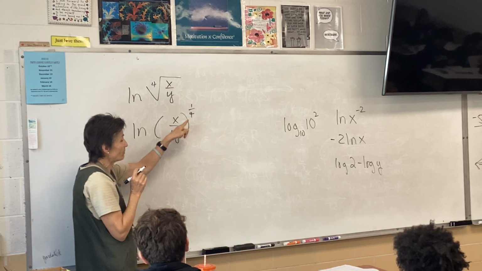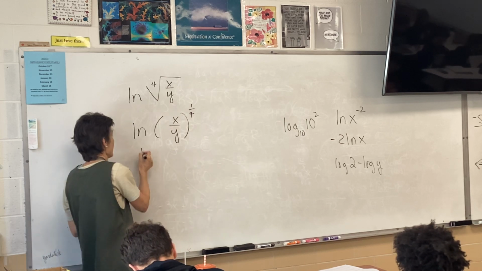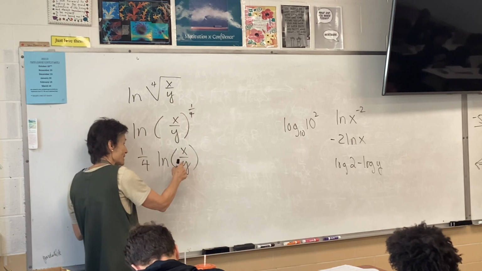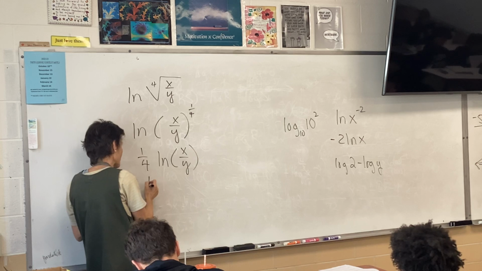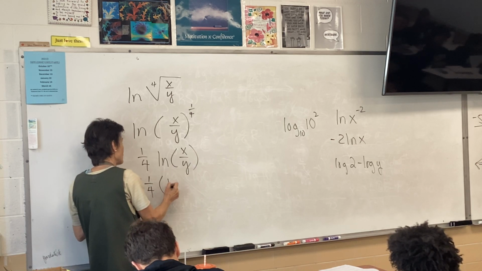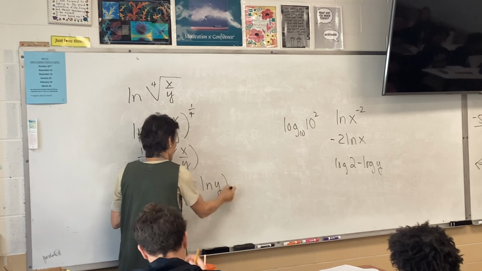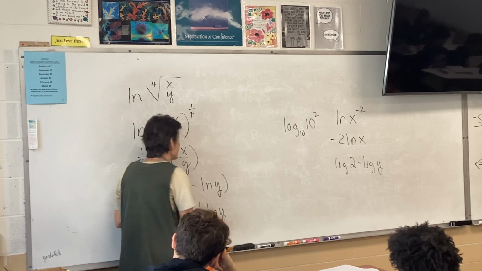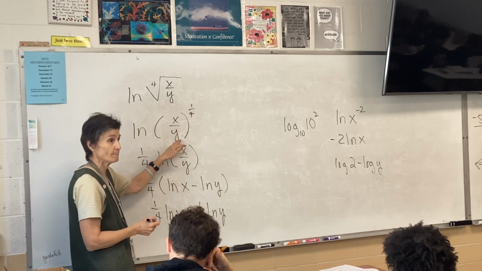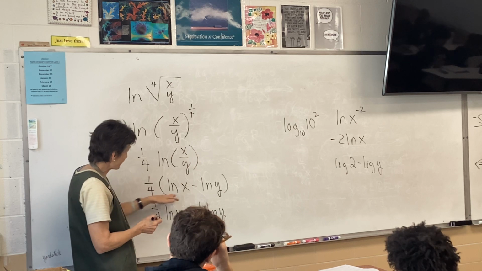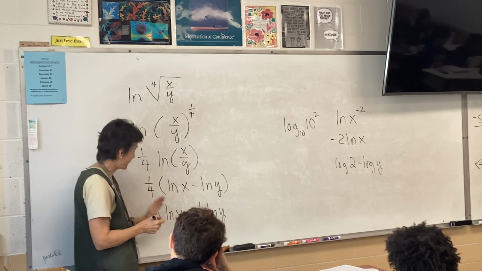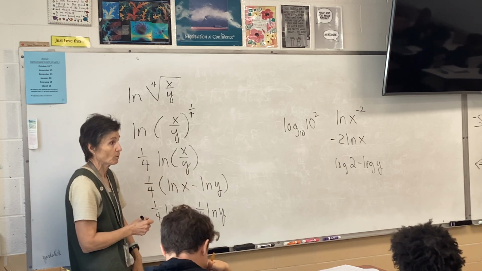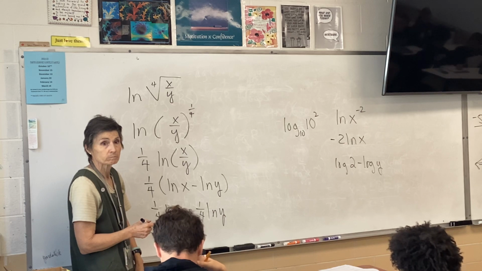And then that 1/4 goes out in front, and the quotient becomes a subtraction. So I don't care if you do this or if you do this. It doesn't make one single bit of difference. The 1/4 does go with both pieces, right? So here I got it in parentheses, and here I've distributed it. I don't care which way, but the 1/4 has to somehow be attached to both of those. Can we put the whole thing over 4? Yeah. Okay.